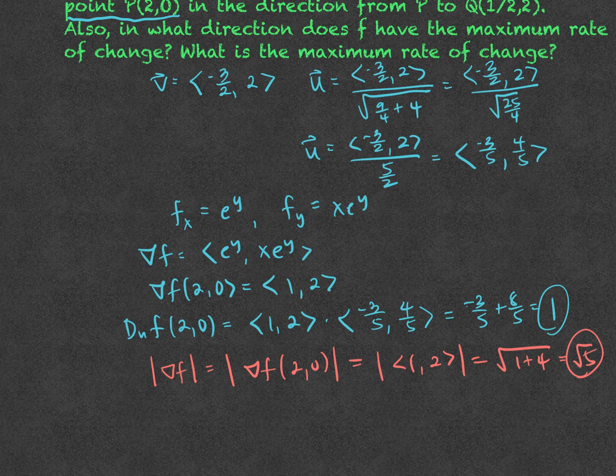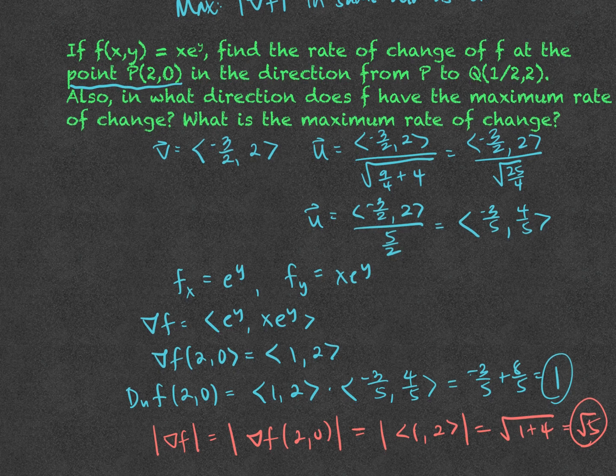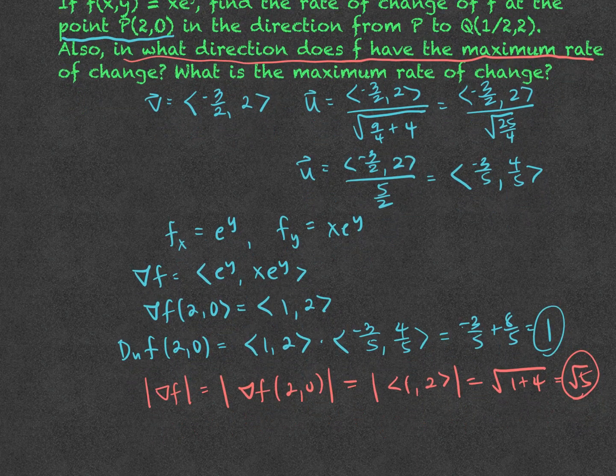What this says is f is increasing the fastest, and this rate of change is the square root of 5 at that point. The second part of the question asks in what direction f has the maximum rate of change. The direction is the direction of the gradient vector, 1, 2.